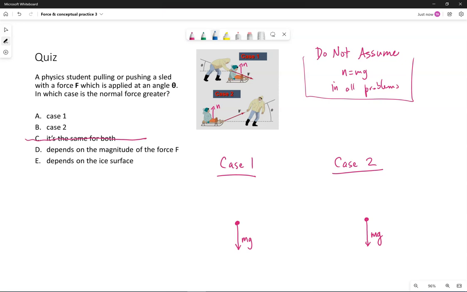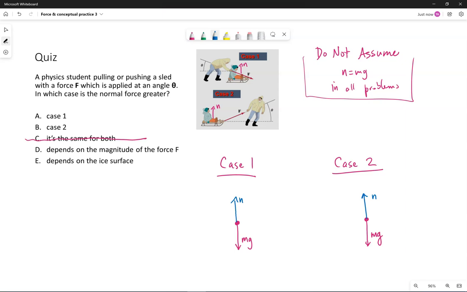We know the sled is in contact with the snow, the ground. We know there has to be a normal force pointing upwards in either case, simply because the sled is on a surface, and surfaces push with a force that points perpendicular to the surface. The other potential force is friction with the ground.